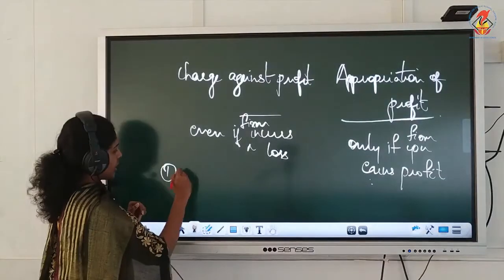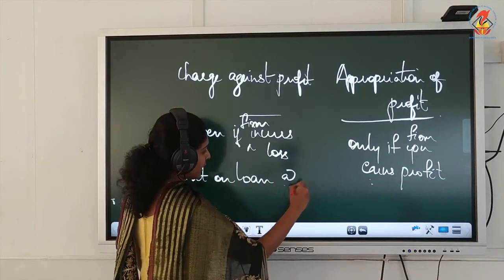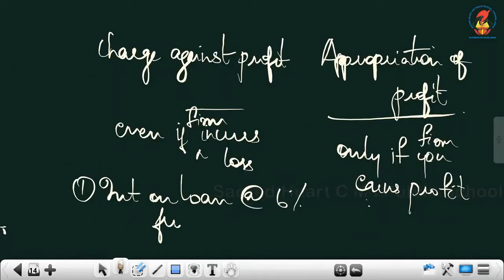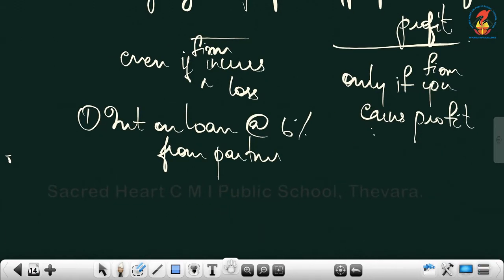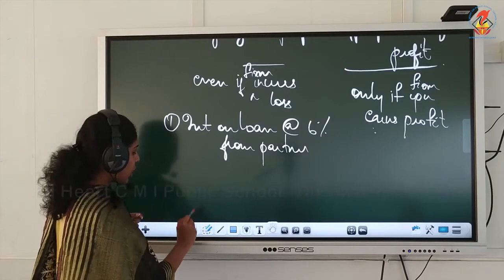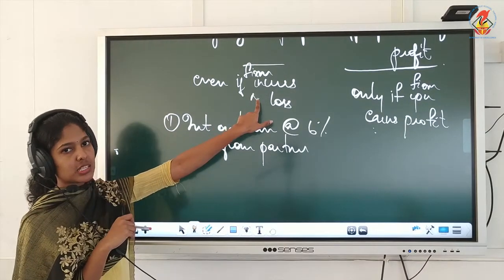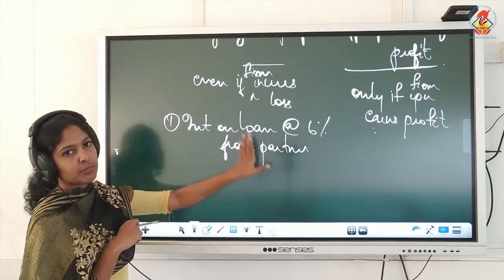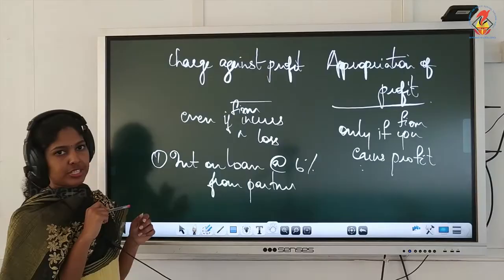That is interest on loan taken from a partner at the rate of 6%. If nothing is mentioned, the rate is 6%. That time I told you it should be paid even if the firm incurs loss. I had written within brackets, even if firm incurs loss. So that is called charge against profit.